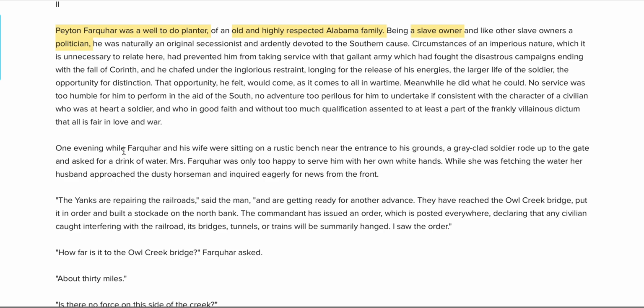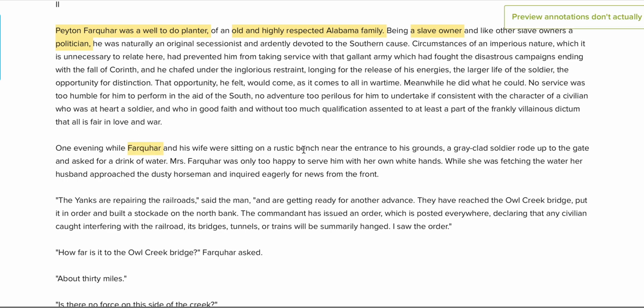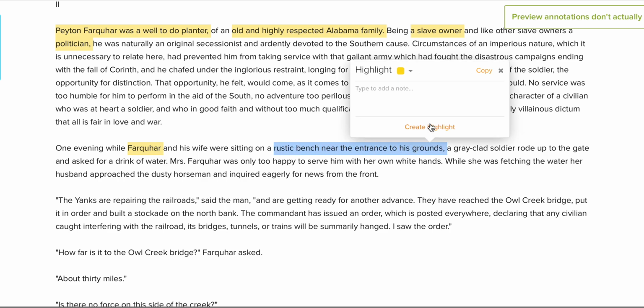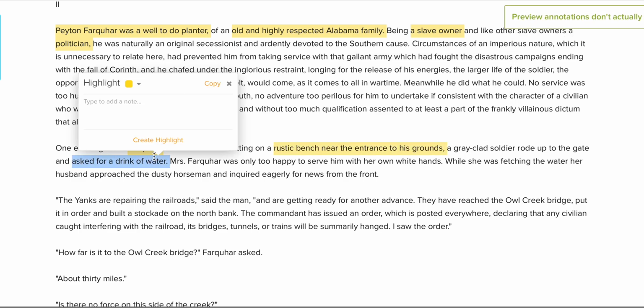And then in the flashback, we see Farquhar and his wife sitting on a bench near the entrance of their house. And then we know that somebody is asking for water to drink.